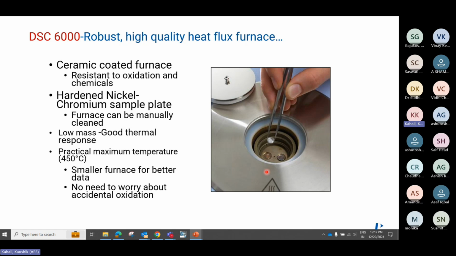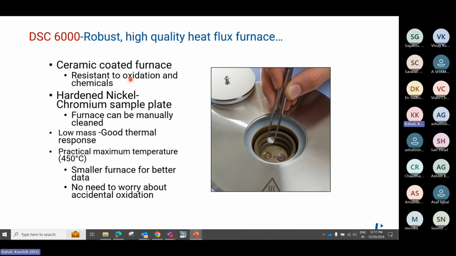We have provided the crimper, and this is basically called a robotic pan, which is capable of taking both solid and liquid samples to be analyzed in the DSC. And it's a ceramic coated furnace, resistant to oxidation and chemicals.